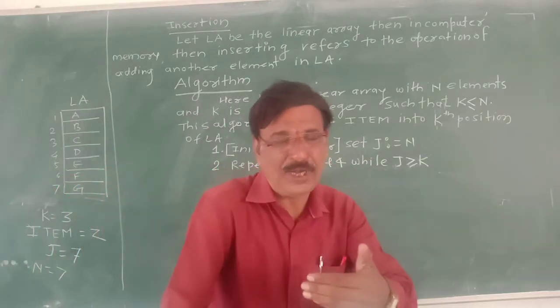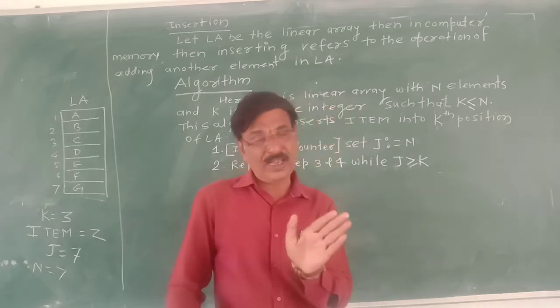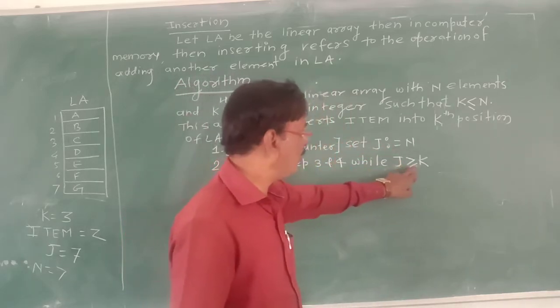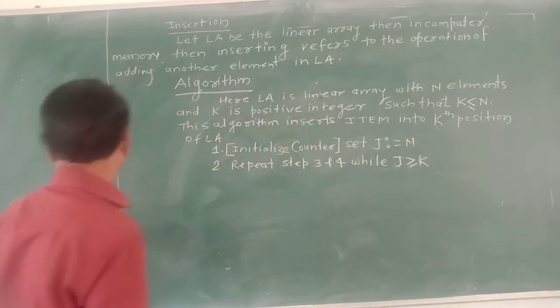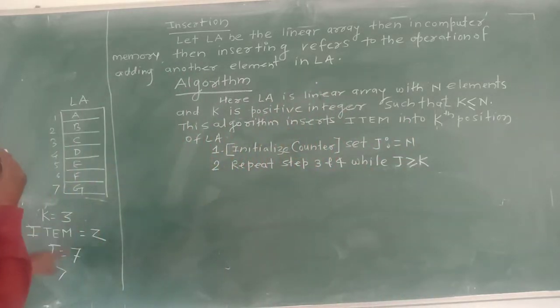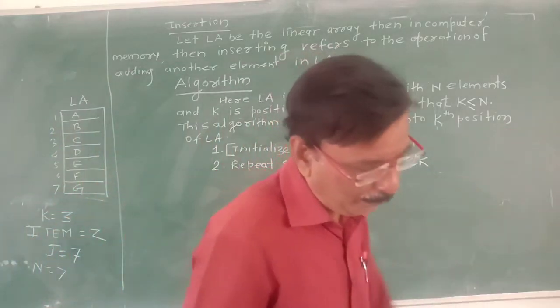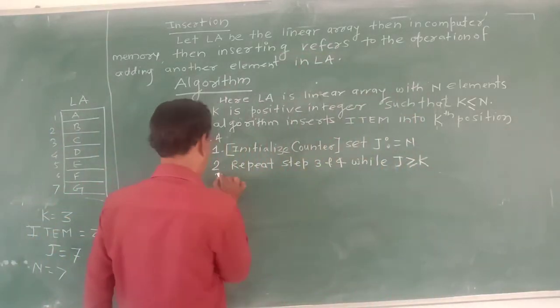We have to repeat steps 3 and 4 until J is no longer greater than or equal to K. Obviously K is 3, that's why J is greater, and we have to repeat steps 3 and 4.